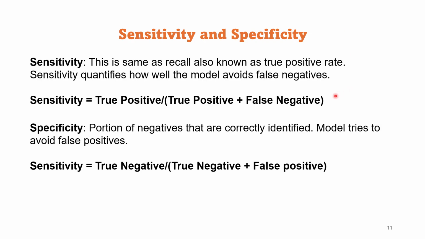You can compare the formula of sensitivity in this slide with the recall formula in the previous slide. When to use sensitivity and when to use specificity? It depends on the problem statement and cost, like the cost of follow-up on medical tests or the cost of missing a diagnosis and performing the entire test again.